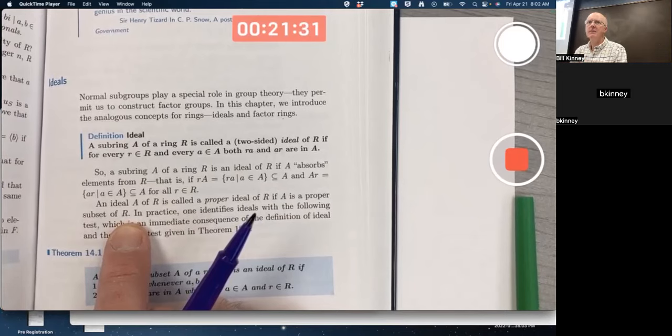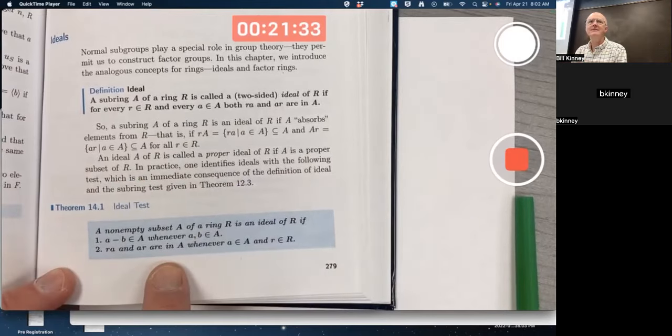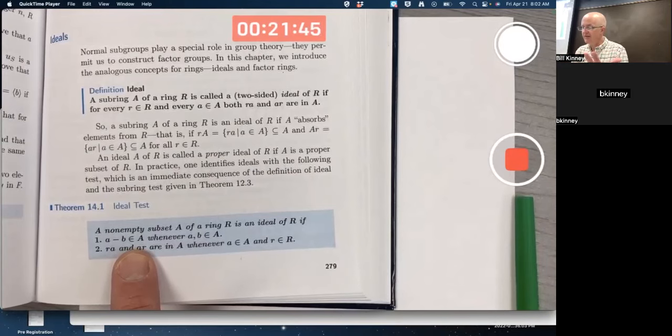Just like there's a normal subgroup test, there's an ideal test. A non-empty subset A of a ring is called an ideal if, first of all, it's closed under subtraction, so it's a subgroup. That's like the one-step subgroup test, because the group operation is addition, so we're using a minus sign for inverses.